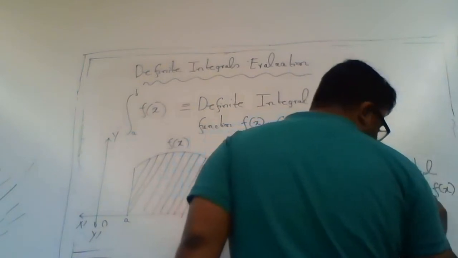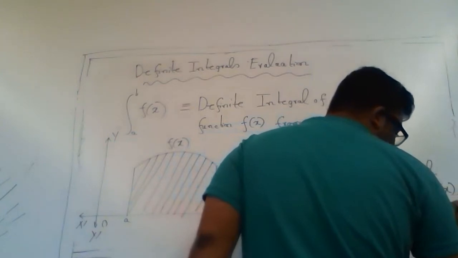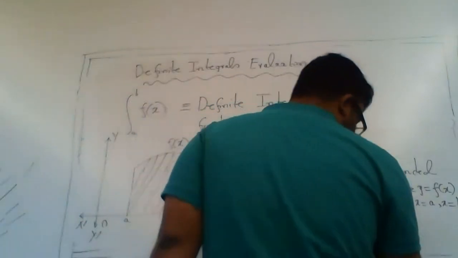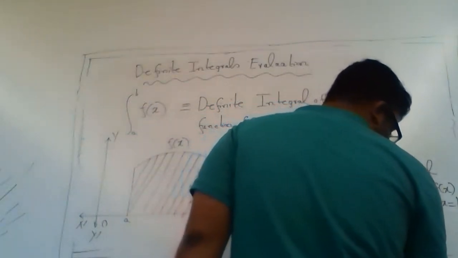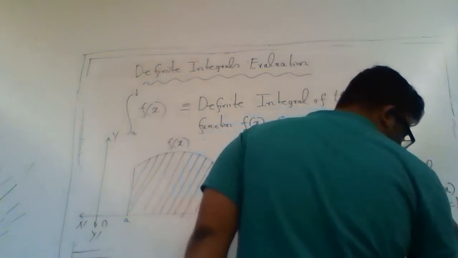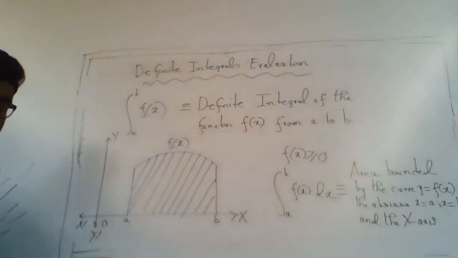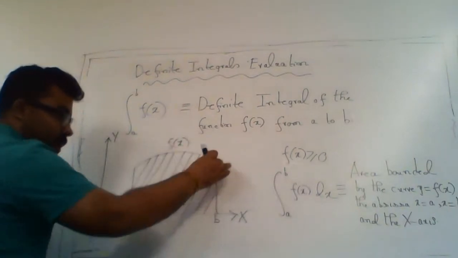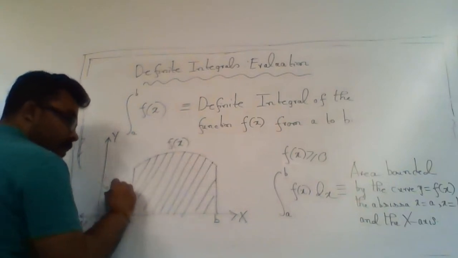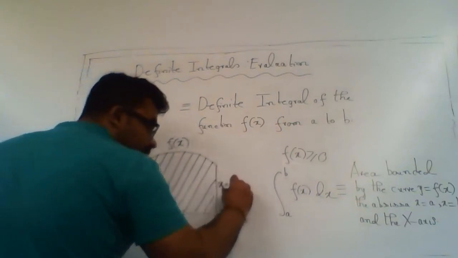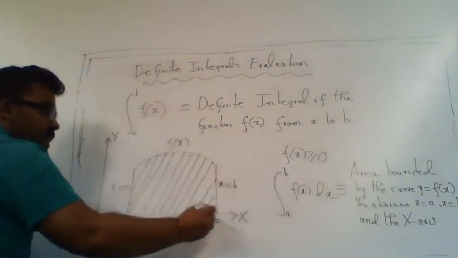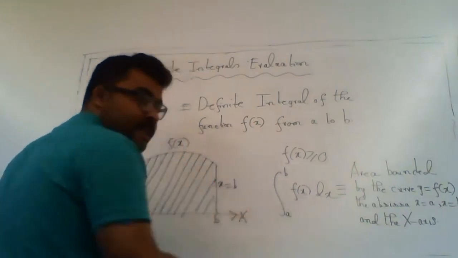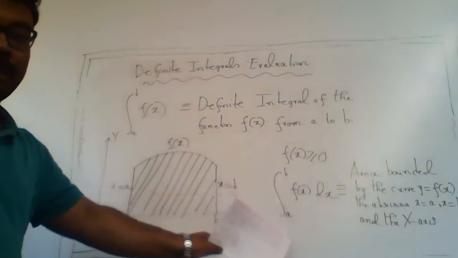Or you can call it x equals a, x equals b, and the x-axis. So this integral from a to b f(x) dx is the area bounded by the curve, these lines x equals a, x equals b, and the x-axis. So this area is given by integral from a to b f(x) dx, and that is the definite integral of the function f(x) from a to b.